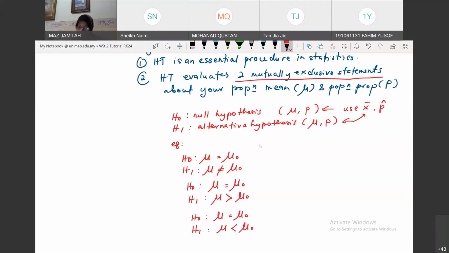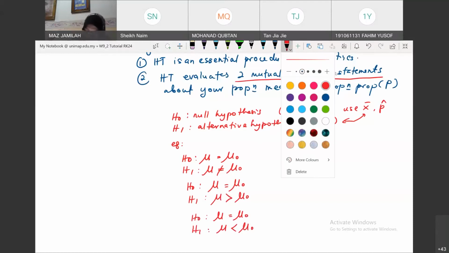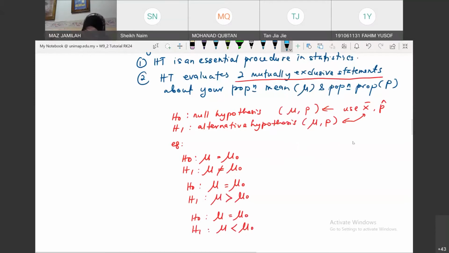Now look at the underlined phrase here. If you go back to the discussion of standard normal, if we look at this particular phrase, greater than, less than, we can imagine where the area of the probability value that we are talking about is.